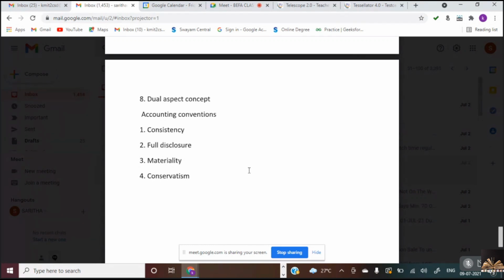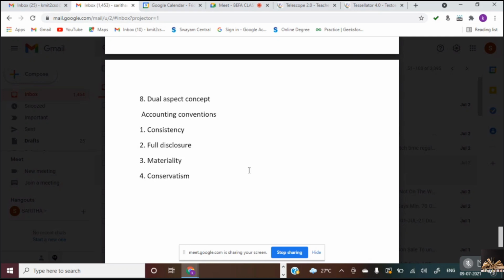Shall we move on to the next one? Full disclosure. Full disclosure is nothing but the company should not keep any important information in the dark. All the important information should be disclosed for all the interested parties. And as I said, investors, general public, customers, competitors, government are all the interested parties who see these financial reports.